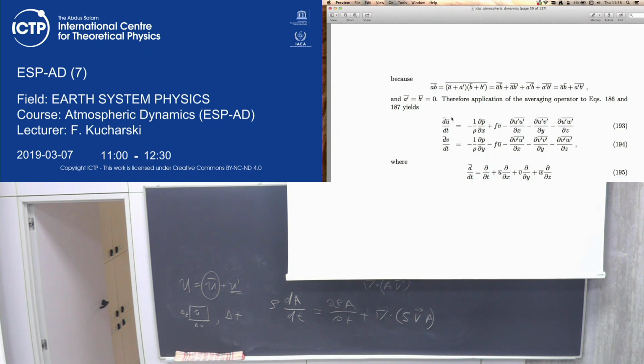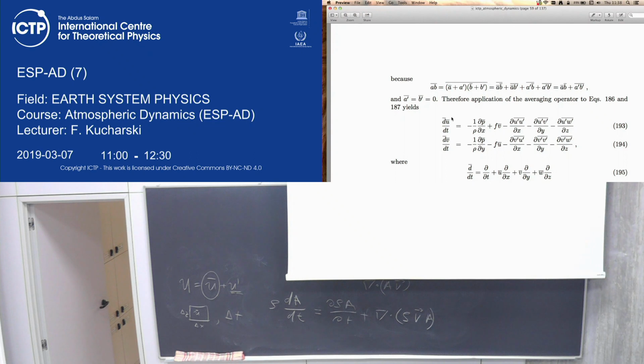If we take the simple average of the U primed in our grid box, it should be 0, because that is what we resolved. It's a necessary condition here. It's not true, of course, for products of prime quantities, but it's true for the prime quantities themselves, like we did with our perturbation theory. So if we calculate the average of a product and decompose it, then we get just the product of the means, plus the average of the product of the perturbations.